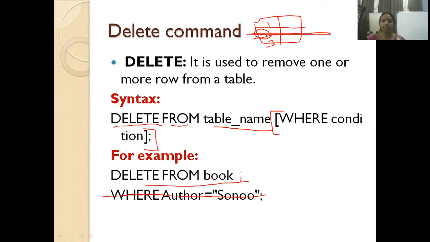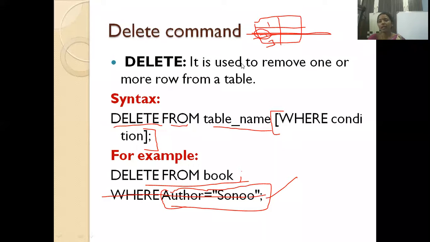But if you write a where condition, for example where author is equal to Sonu, only the books whose author is Sonu will be deleted. That means by using where condition, we can remove only the specified condition rows. Without where, all the rows will be deleted.